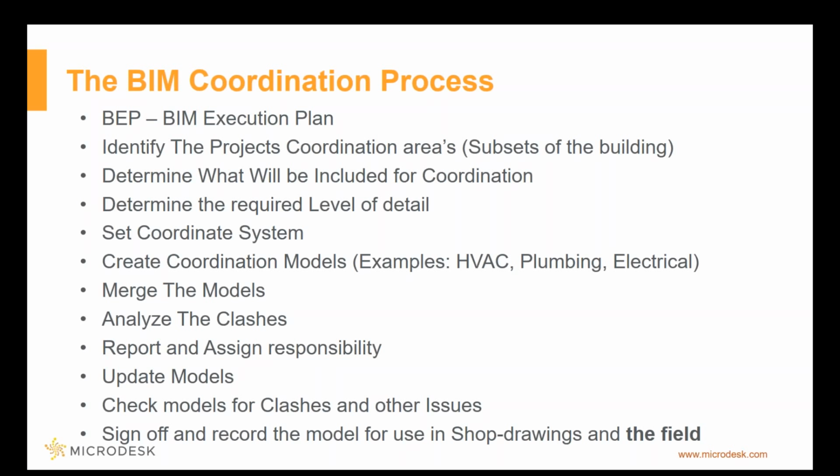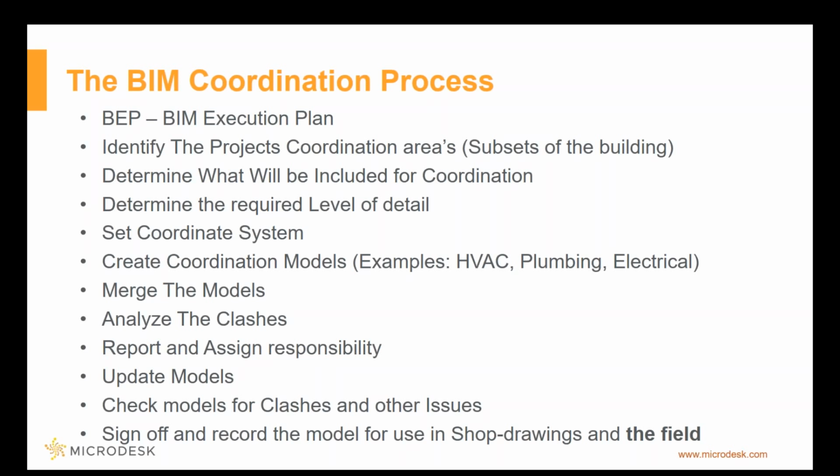So let's talk about some of the things that we need to determine and identify when working on a coordination project. We need to identify the project's coordination areas. So we typically divide a building up into subsets or small tiles or smaller areas of the building, smaller chunks, often along logical and natural divides within the geometry of the building.